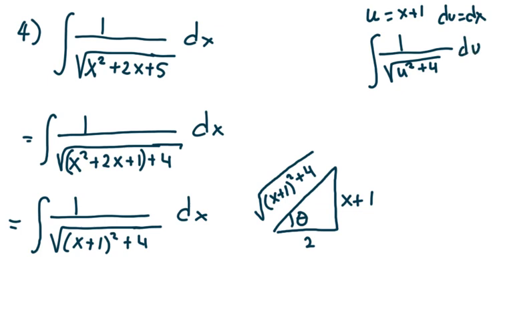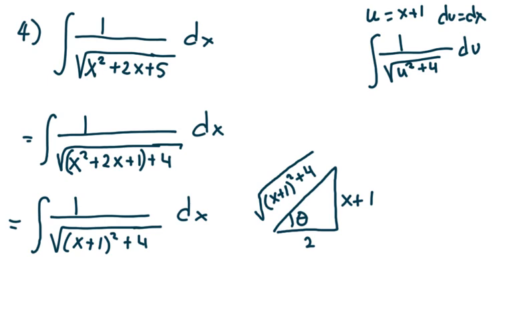And that's fine. But you don't have to, technically. Instead of labeling the side opposite to angle theta x, I labeled it x plus 1. The side adjacent to angle theta is 2. And then the hypotenuse is the square root of x plus 1 squared plus 4.